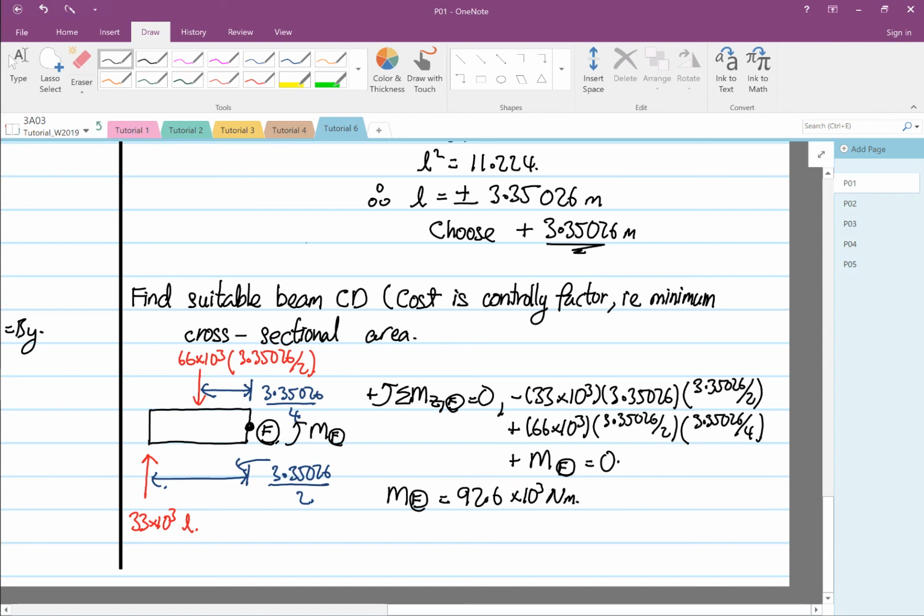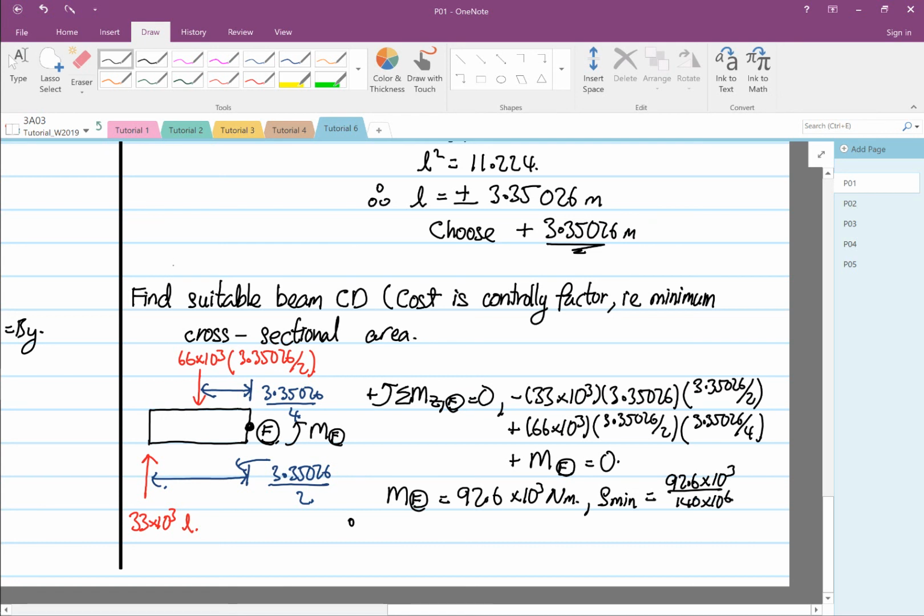So your S min will be equal to your moment, 92.6 times 10 to the power 3, divided by the allowable stress, which is 140 times 10 to the power 6.